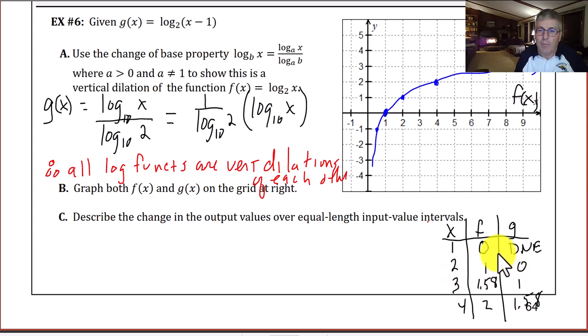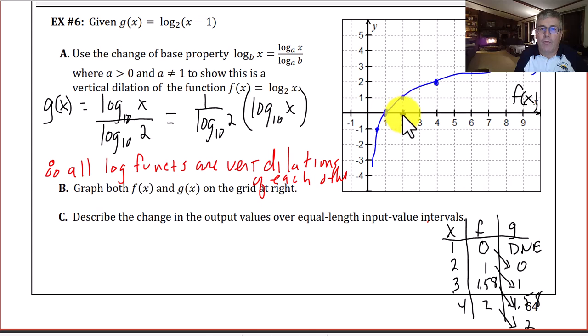And the pattern is going to follow here that all of these are shifted down 1 unit, or for additional x, I'm shifting 1 unit to the right. So that does seem to hit our hypothesis that even using the change of base formula and plotting those points, it's simply a 1 unit shift to the right.